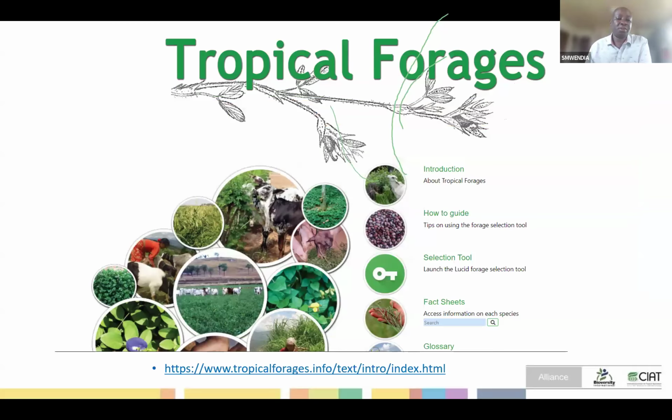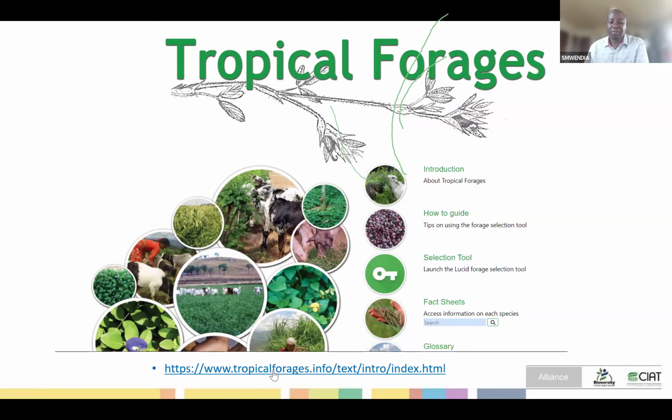Now, to beef up the table I showed earlier about grasses or legumes that can fit in different agroecological zones, there's a tool called Tropical Forages Tool. It's free and it's online. And it can give you more detail about quite a number of forages that can be selected depending on where you are.